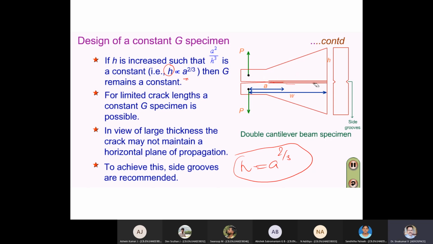So how to make it? You can see here the H. Whatever A you are providing, you have to make this H. Just a minute.